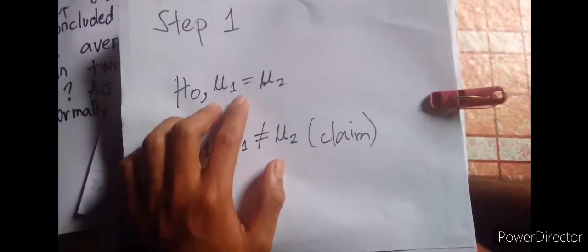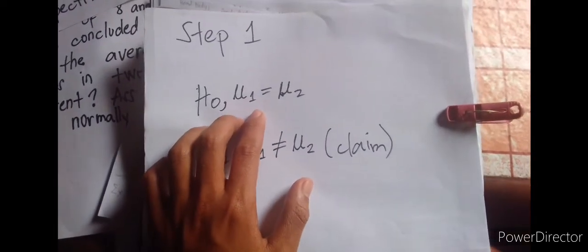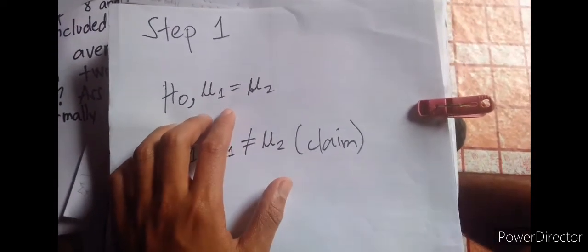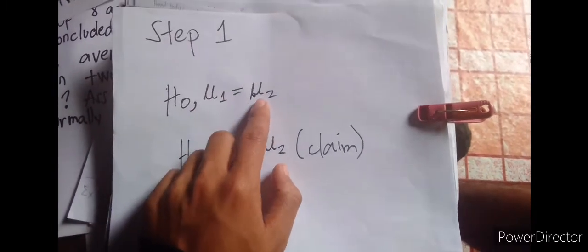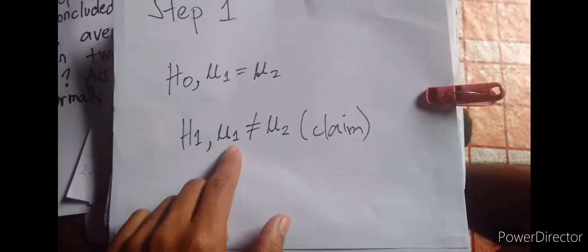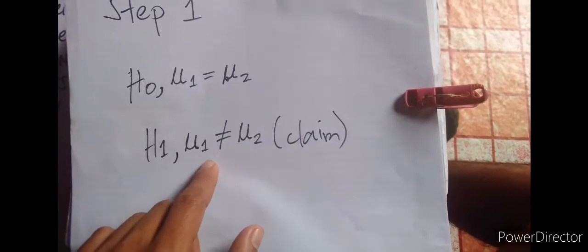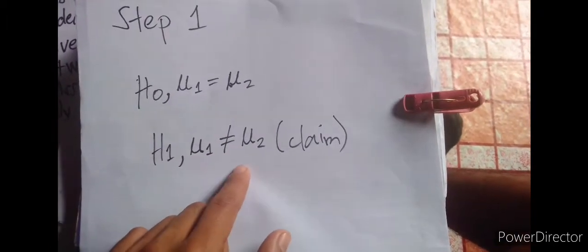And now let's start with step 1. State the hypothesis and identify the claim. In the null hypothesis, always assume that the two means are equal. So the first population mean is equal to the second population mean. Then in the alternative hypothesis, the sign depends on the given problem.